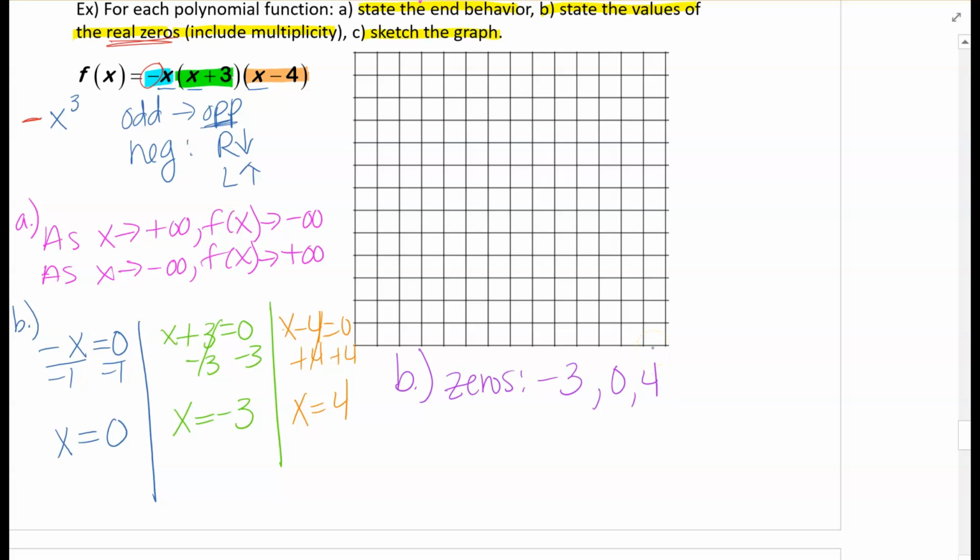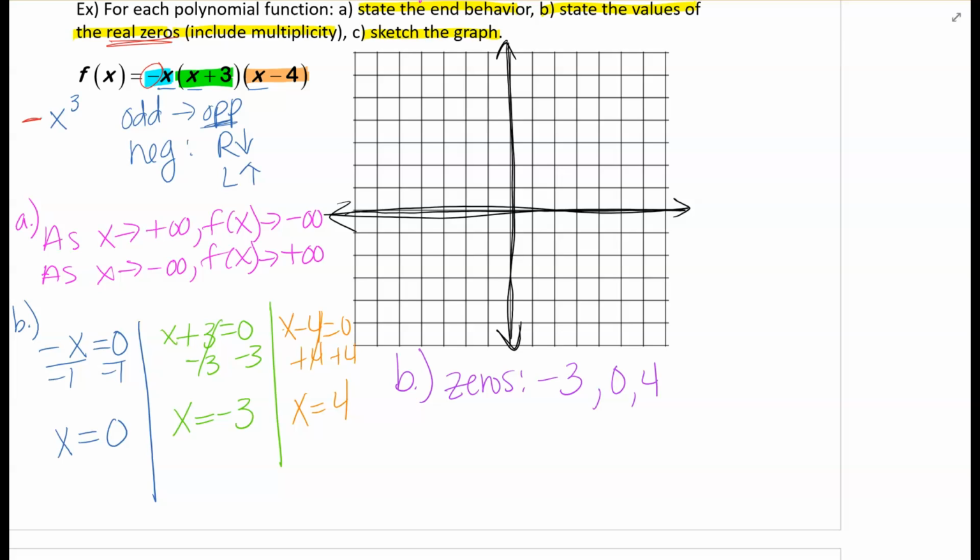And then my last thing I need to do is sketch the graph. So this was from the previous lesson that I did. You want to first draw your x and y axis. And again, I apologize for not using a straight line tool. I haven't figured out how to do it with this program.